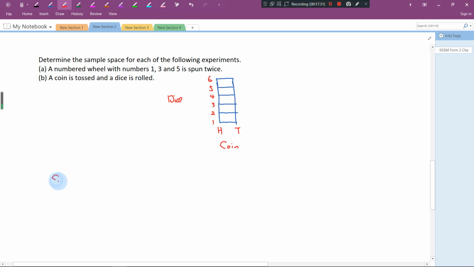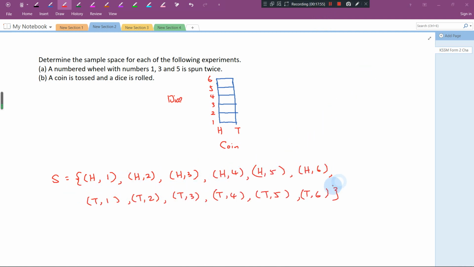If I want to list out the sample space, then it will be very easy. Head 1. For the coin you get head, and for the dice you get 1. Head 2. Head 3. I have listed all the combinations.